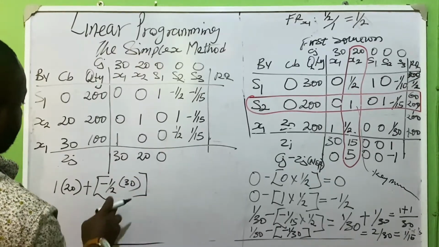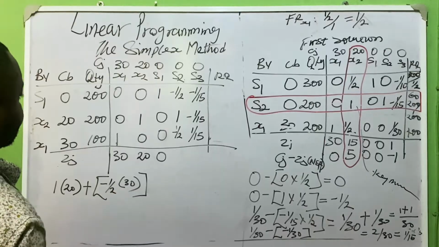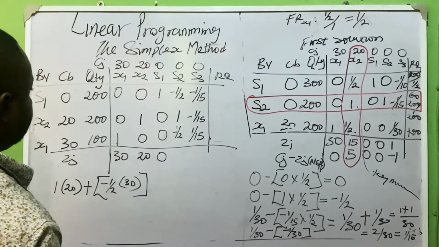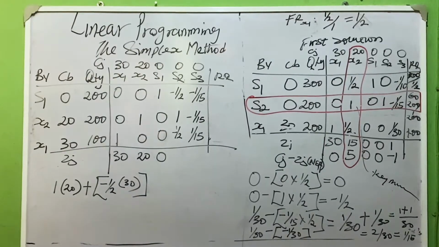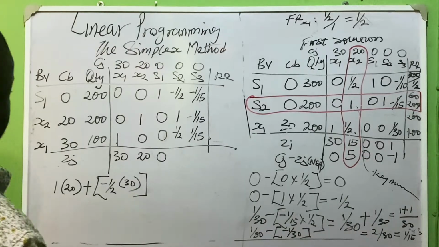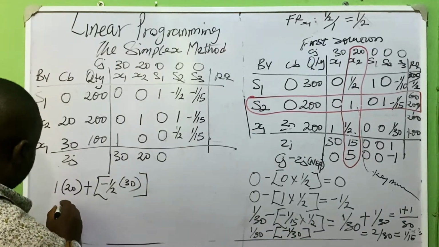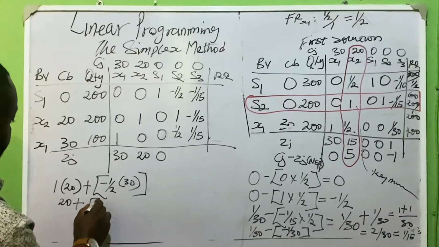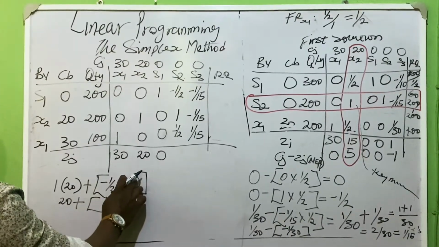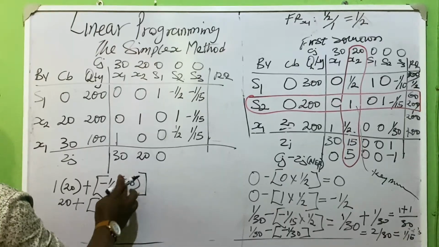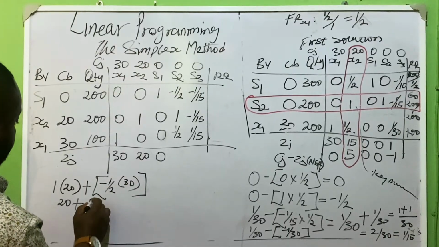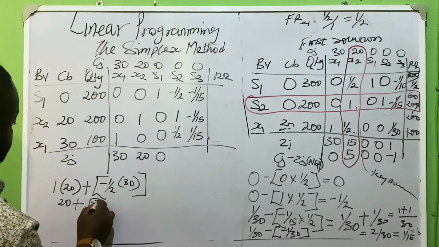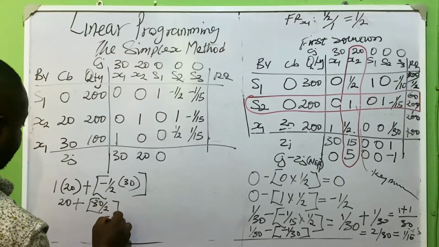So we have 20 plus minus 1 times 30 is 30 divided by 2, which will have minus 30 over 2.